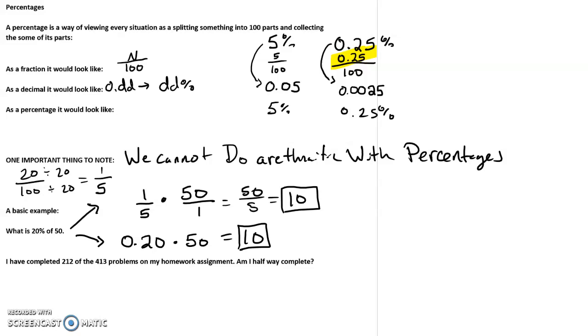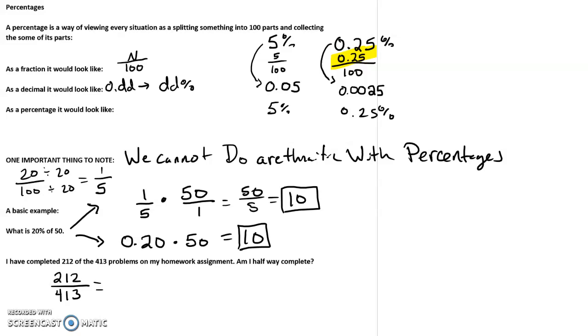All right, last one: I've completed 212 of the 413 problems in my homework assignment. Am I halfway complete? We can look at this in two different ways. Is 212 over 413 greater than 1/2 or less than 1/2? At this point, it might be most helpful to divide this up.